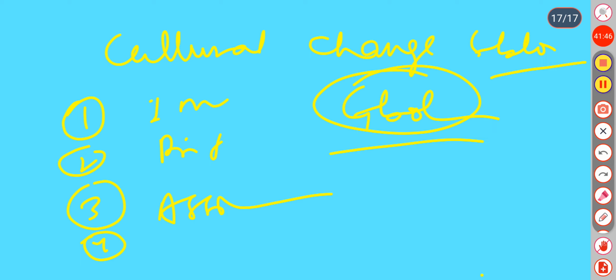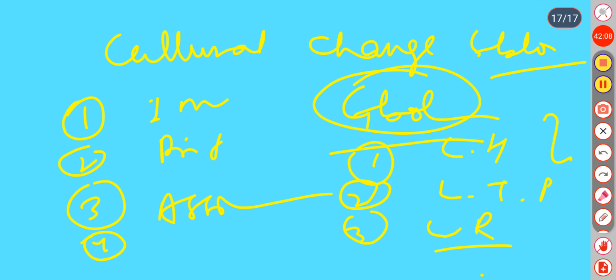Second thing is loss of traditional practices. And third thing is cultural resistance. So these are the effects of globalization, right?